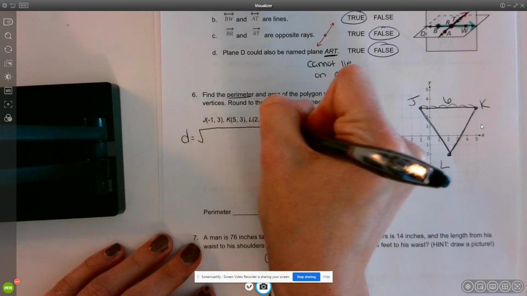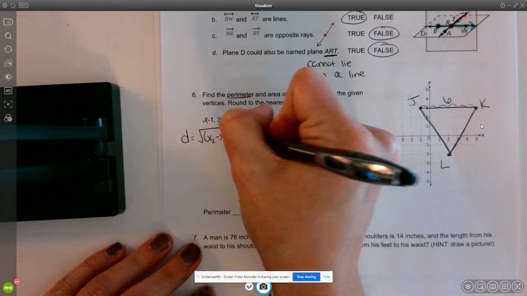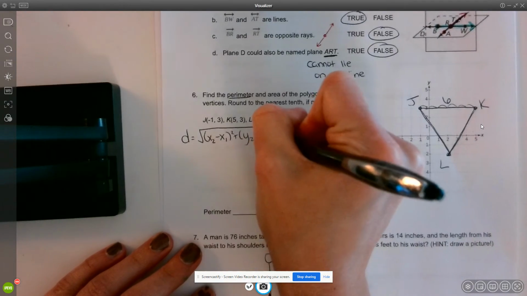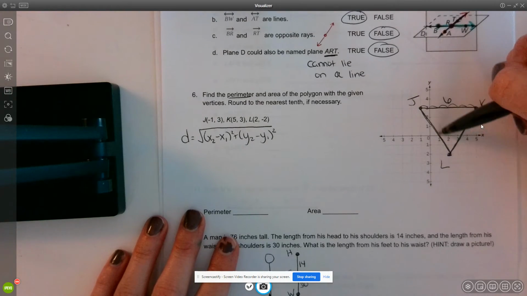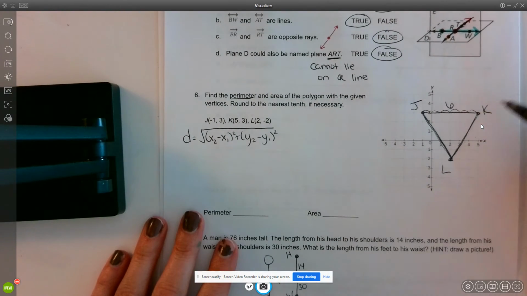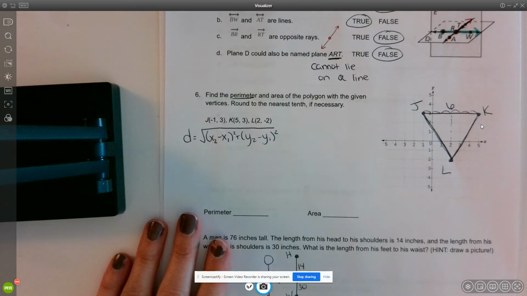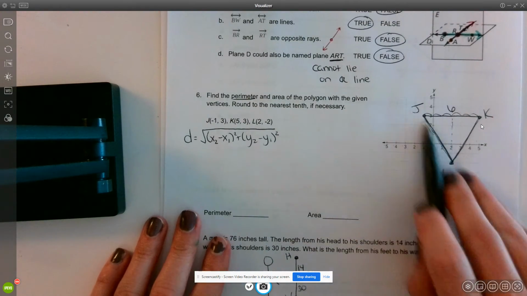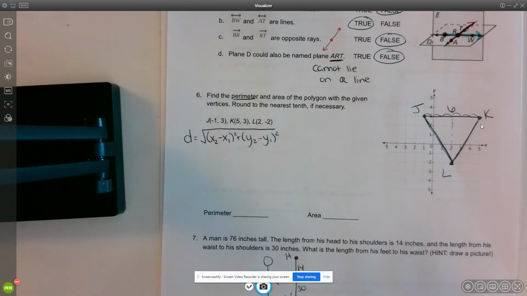The distance formula is provided to you. I'm going to rewrite it here. And I'll find the length of JL. What you'll end up noticing is that the length of JL will be the same as the length of KL when you use the distance formula.